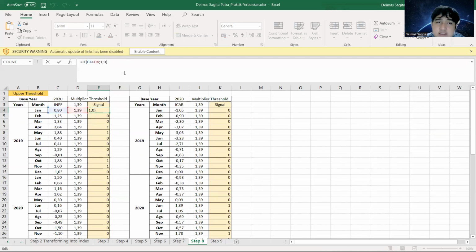Right, and then for the signal, the formula is equal if INPF, index NPF, and then here, sorry, the formula is INPF equal if INPF, and then this one, our threshold upper value, and then here 1, and then 0, and then just enter.